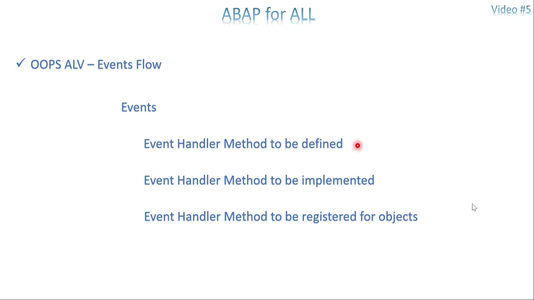First, your event handler method has to be defined, maybe in a local class, under the public section. And every event method might have mandatory parameters, depending on the event.